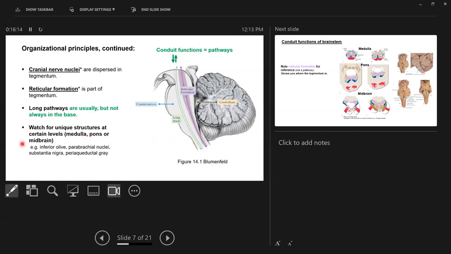We will also be watching for unique structures that appear at certain levels of brainstem. For example, we may find the inferior olive in the medulla, some other features of pons, parabrachial nuclei, maybe other conglomerates of neurons, such as locus coeruleus, that will be in the pons, substantia nigra, periaqueductal gray, when we are up here in midbrain.